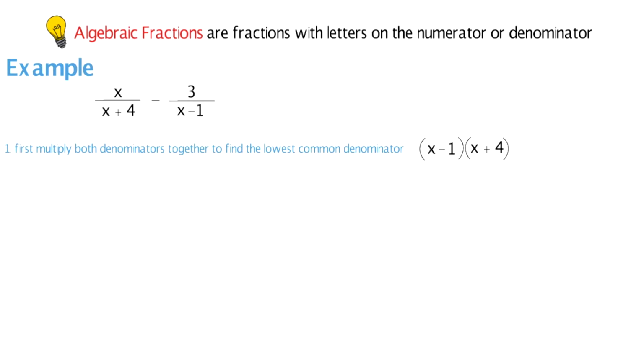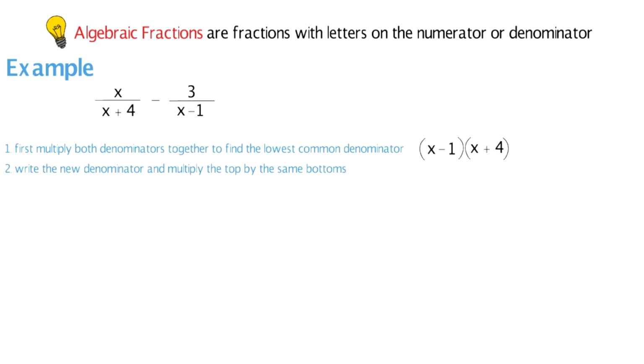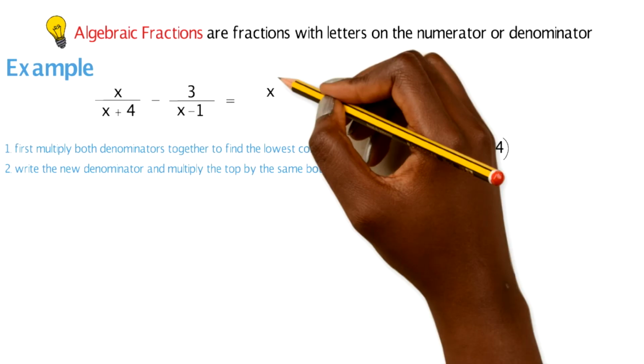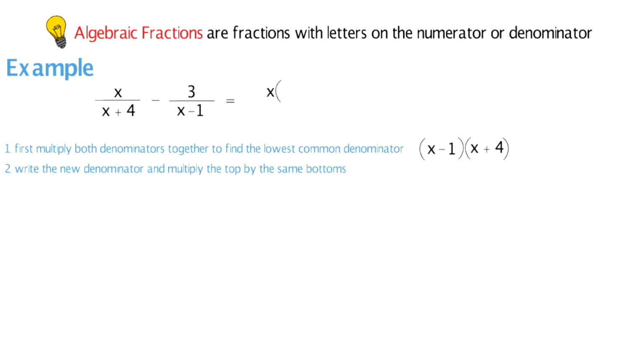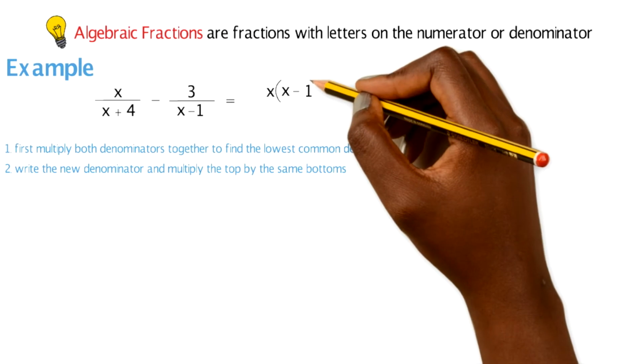So that's step one. We're not expanding it, and I'll explain why we're not expanding it at the end of this question. Then we're going to write the new denominator and multiply the top by the same bottoms. So what that means is that you're actually multiplying by the opposite denominator of that fraction. So in this case, it's going to be x multiplied by x minus 1.